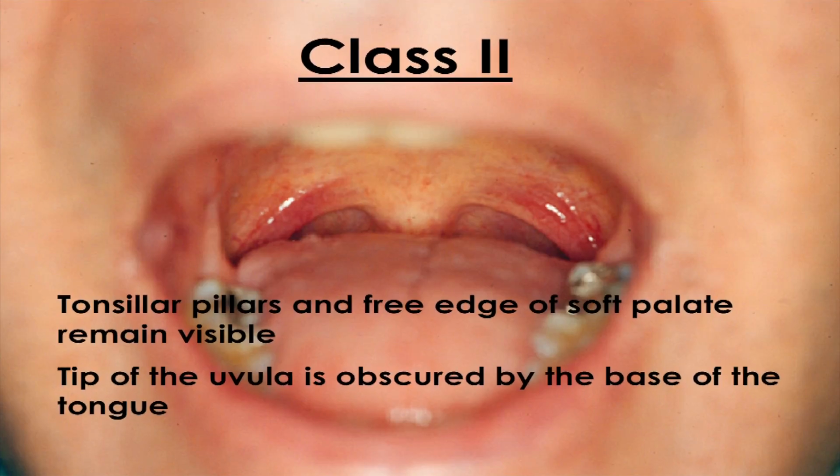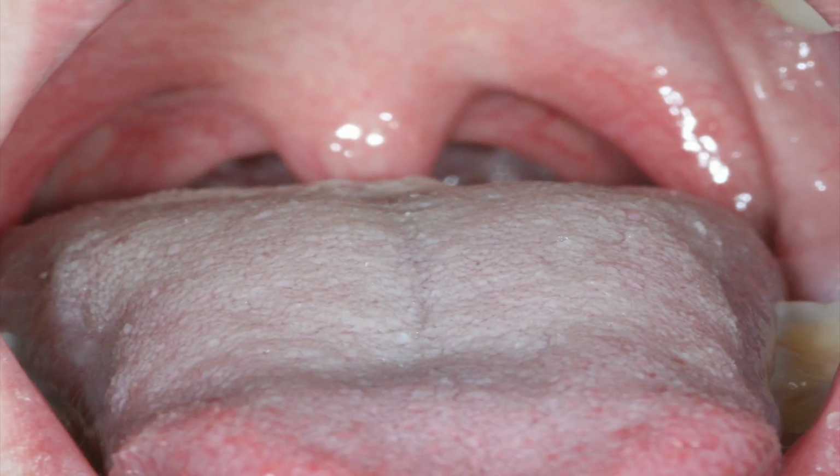This is an example of a Mallampati Class 2. Here's another example of a Mallampati Class 2. Again, about half the uvula is covered, but you can still see the end of the soft palate, and you can still see a fairly significant part of the airway.